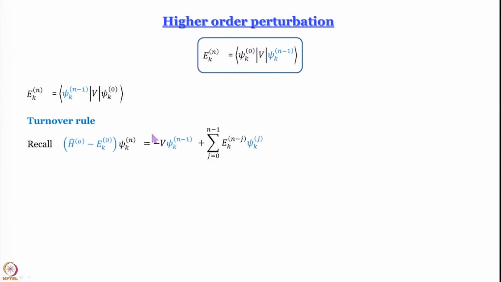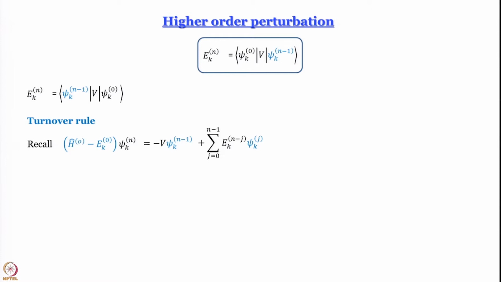Because if you remember, we worked out a very important relationship in which I have an expression for V operating on psi k n minus 1th. Now put n equal to 1, you get 0.